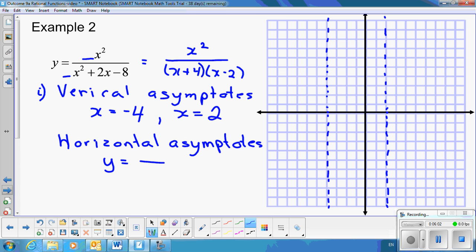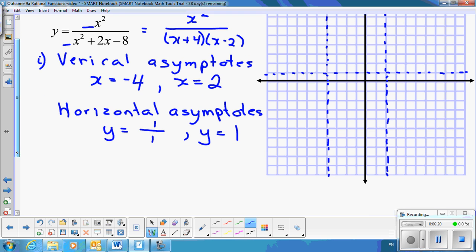Leading coefficients are 1 over 1, so I have a horizontal asymptote then at y equals +1. Remember that with horizontal asymptotes, it just means that our graph approaches that value, but it may actually cross. The next step is to look at the behavior near those points.